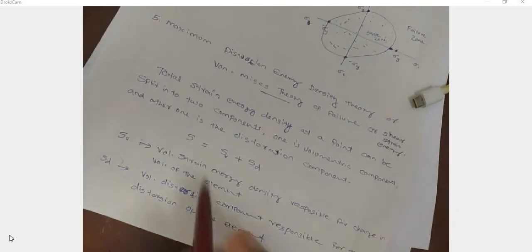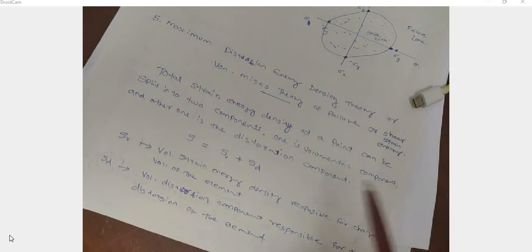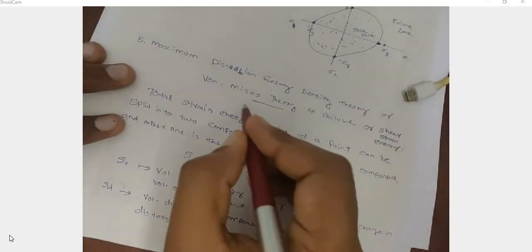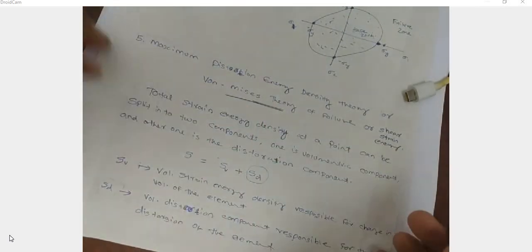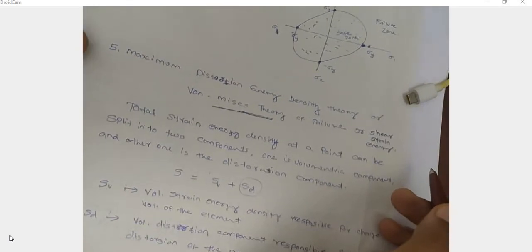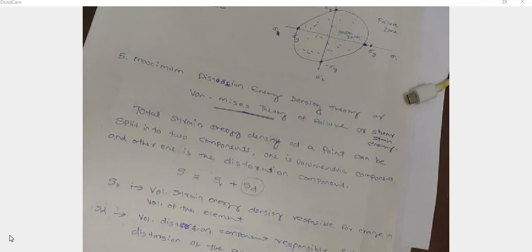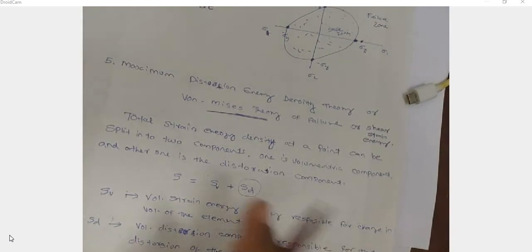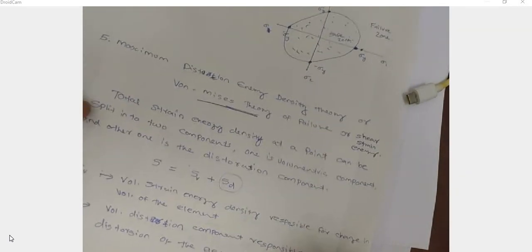In this maximum distortion energy density theory, we consider only the term SD. We neglect SV. This is a very important theory. Von Mises theory is commonly used for ductile material. For example, in ANSYS finite element analysis, we commonly use the distribution of stress in the form of von Mises stress. So mainly for ductile material, this is one of the suitable theories for design.